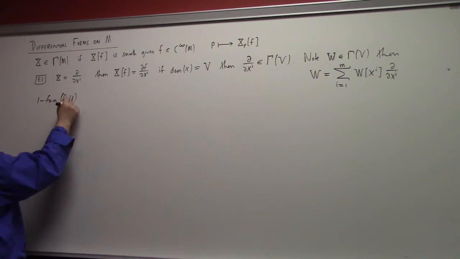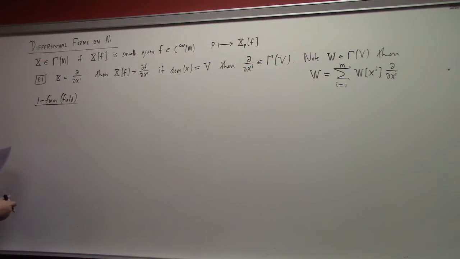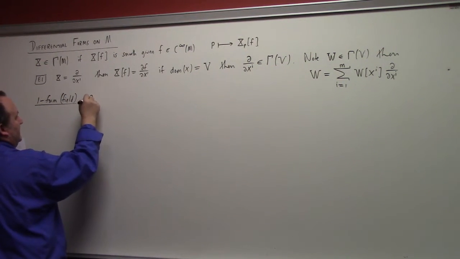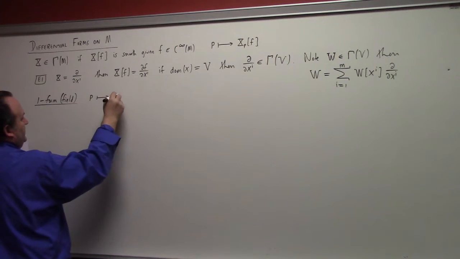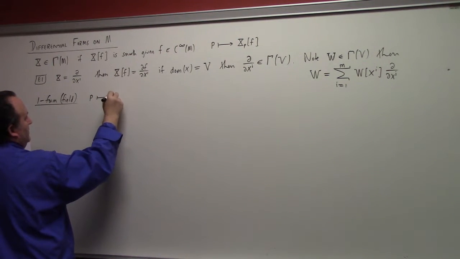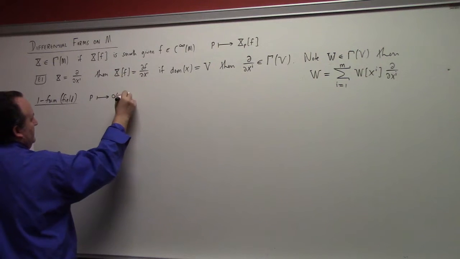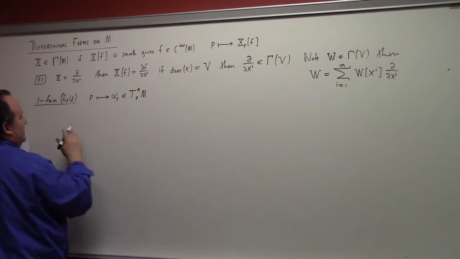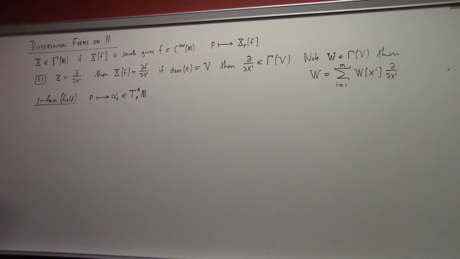I'll put the field in parentheses because I'm not going to keep writing that. I'm just going to call it a one-form. It would be something like p maps to alpha sub p in the cotangent space at p of M. But in order for it to be a one-form field, we'd like that to be a smooth assignment. How would you make that a smooth assignment?